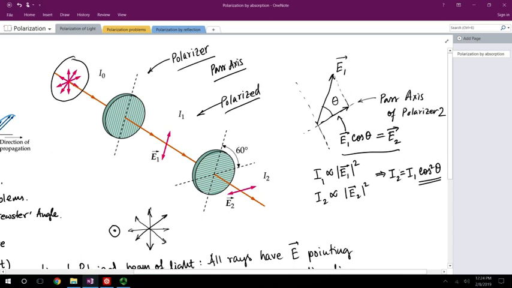It's squared because E2 is smaller than E1 by a factor of cosine theta, but the intensities are related to the electric fields by a square. So comparing the intensities, I2 is smaller than I1 by a factor of cosine squared theta. Often this relationship is referred to as Malus's law.